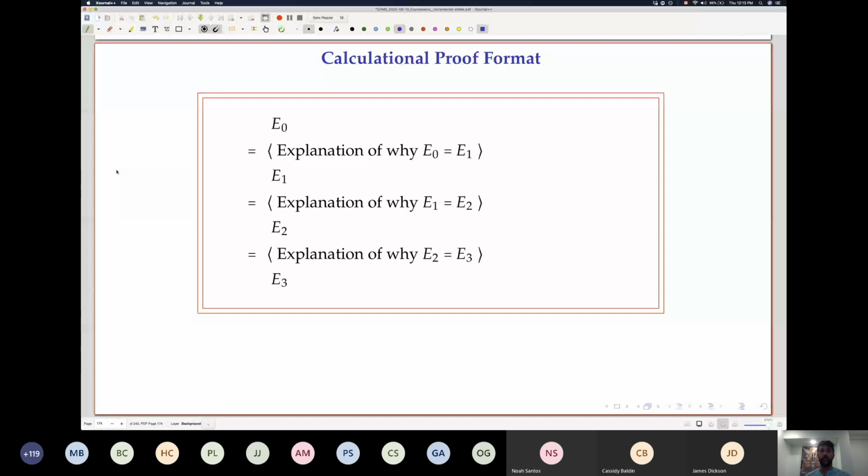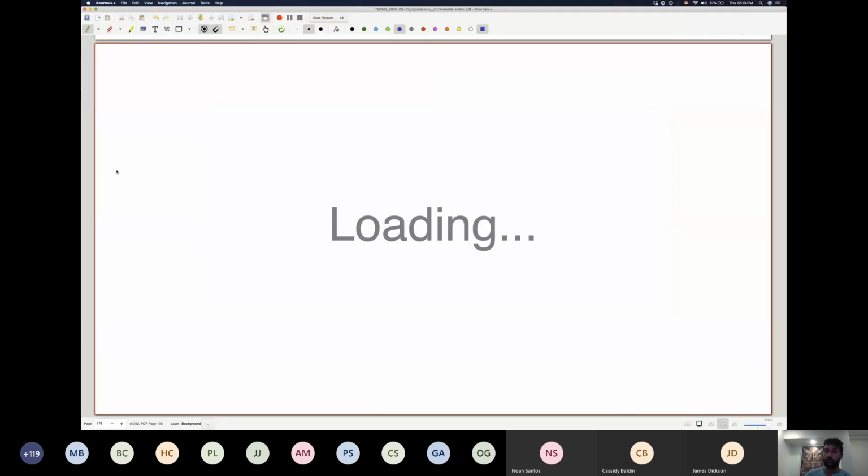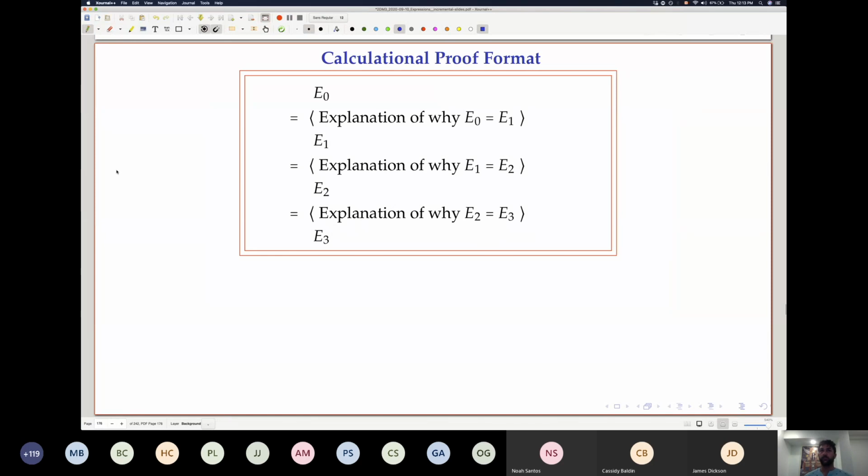Then a proof is like a paragraph, or like a story. So we write the very beginning of our story. We start off with E0, and then we slowly and gently guide the reader to E1, E2, E3, and then this shows that E0 equals E3.